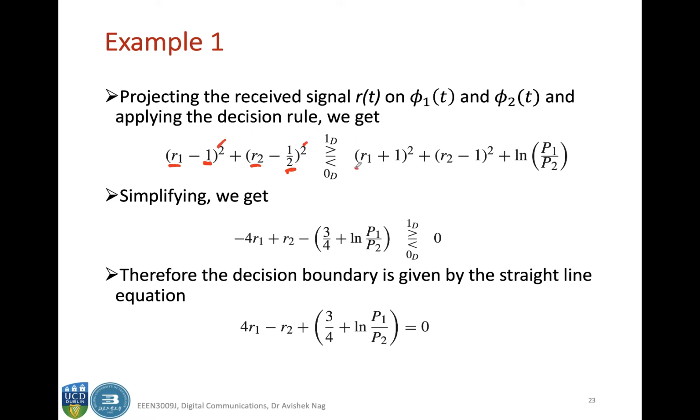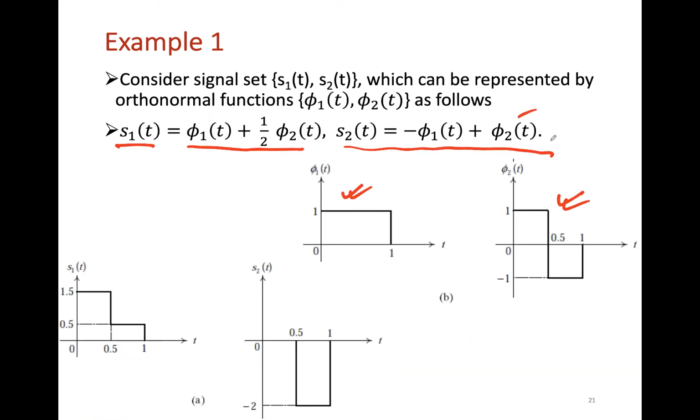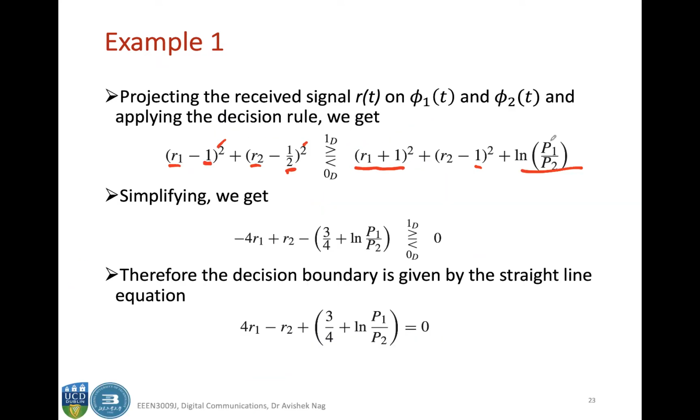And on this side we have R1 minus S21. S21 was minus 1, so this is (R1 plus 1) squared plus (R2 minus S22) squared, and then this term log P1 by P2. We are assuming N0 here to be 2, so this N0 by 2 term is 1 here.